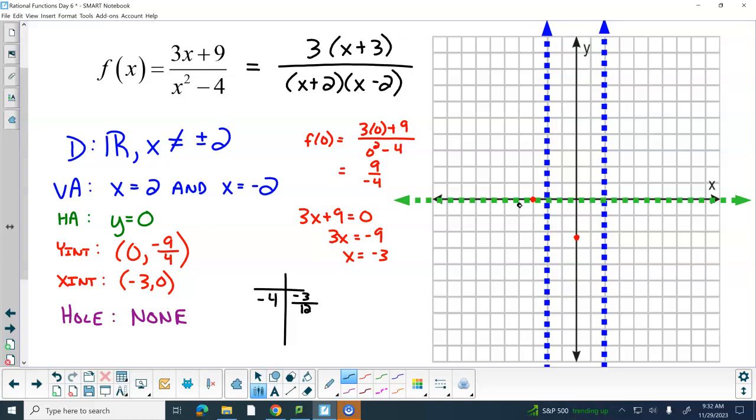Let's go negative 10. Negative, or excuse me, 3 times negative 10. Negative 30 plus 9. Negative 21. Negative 10 squared. 100 minus 4. 96.